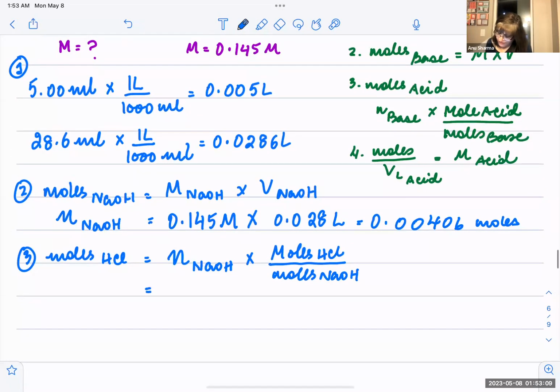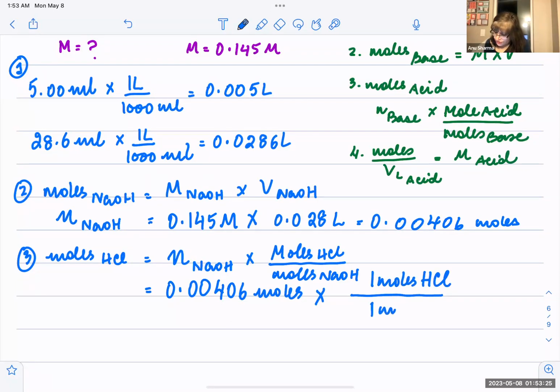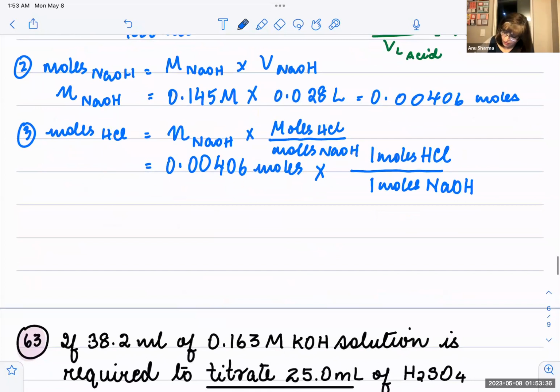So here you have 0.00406 moles of NaOH times the moles of HCl. 1 mole of HCl is reacting with 1 mole of NaOH, so it's the same, right? But I have to do this in case there are 2 moles or 3 moles reacting, so you have to pay attention to that. So here we got the same moles, so moles of HCl.